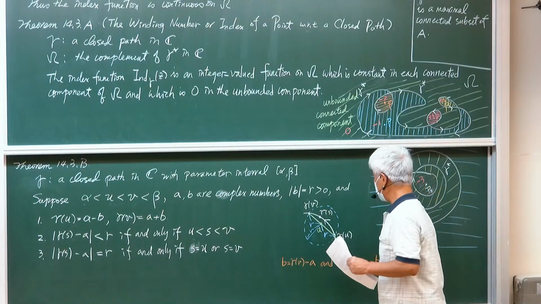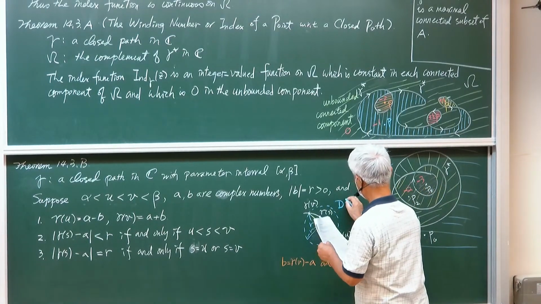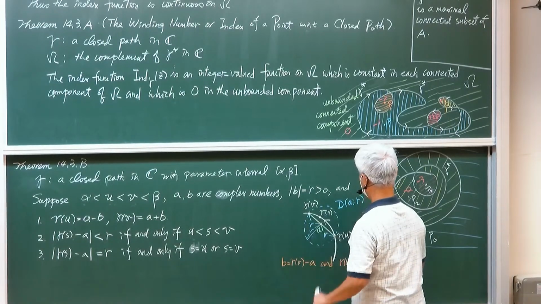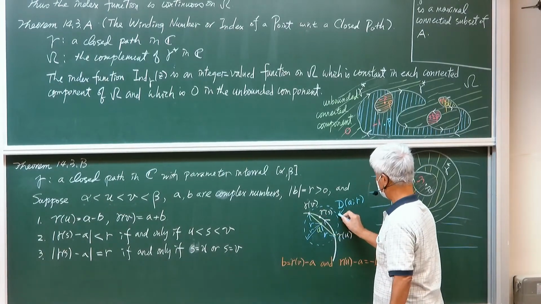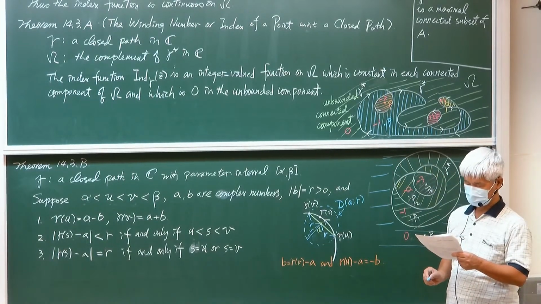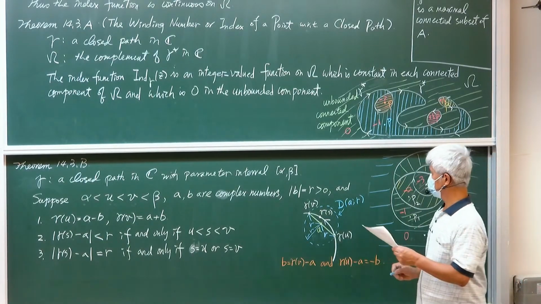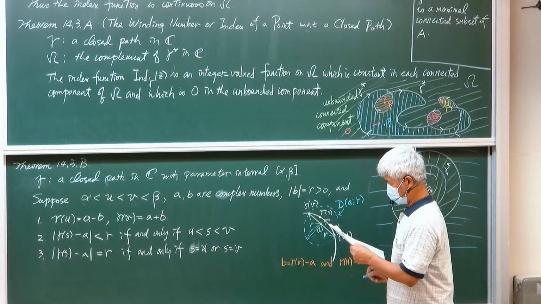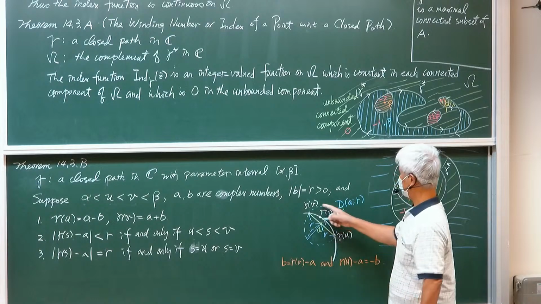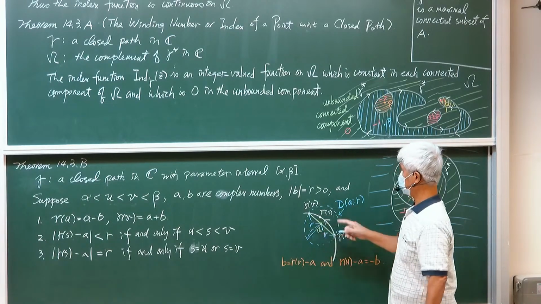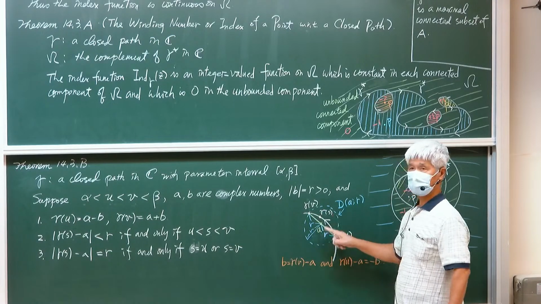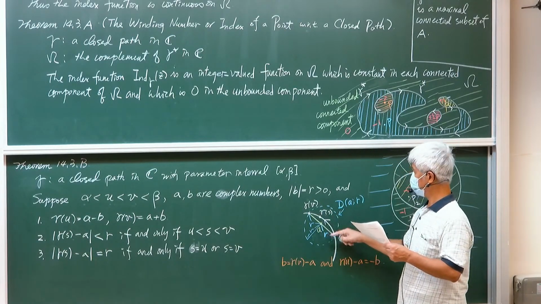And the disk, so this is the disk with the center A and radius R. Now, the disk has been partitioned by this path into two domains, right?